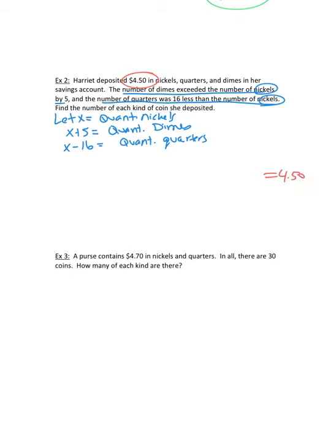But that's my total value. So I have to multiply each let statement by the value of that coin. Nickels are worth 5 cents, so I have 0.05 times X nickels. Dimes are worth 10 cents. I have 10 cents times X plus 5 dimes, plus I have X minus 16 quarters, so 0.25. Each quarter is worth 25 cents times X minus 16.